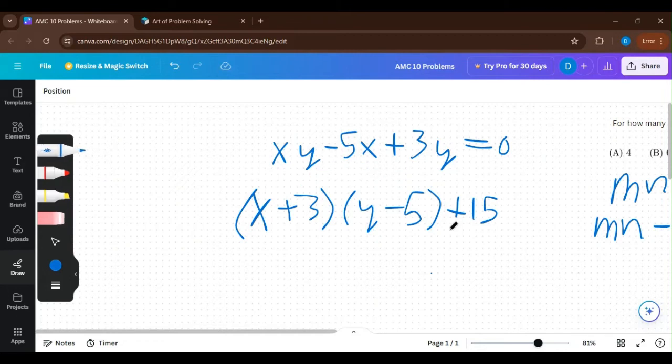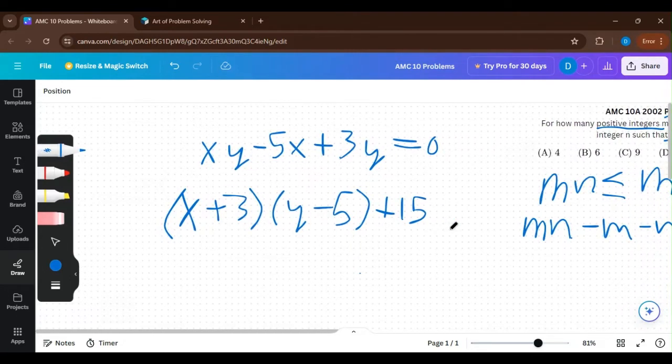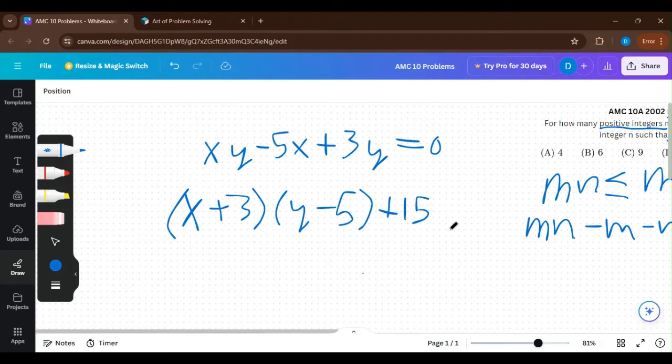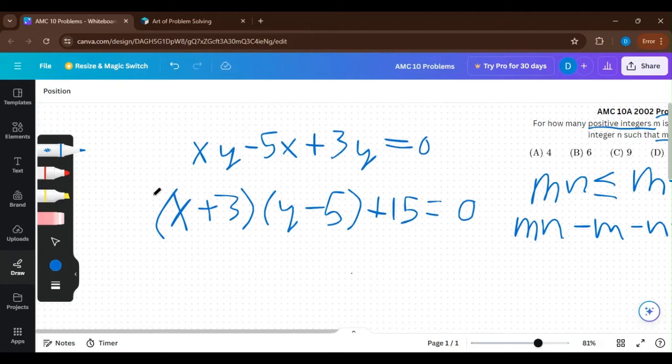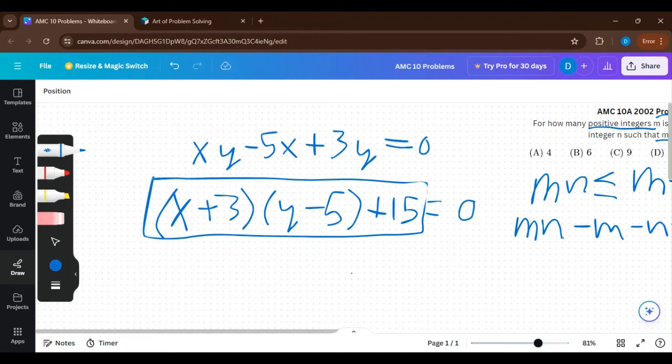You have to add this 15 to make sure that you're not overcounting or undercounting, which is equal to 0. So that's this equation, as you see right here. This Simon's favorite factoring trick equation is the same as the first equation. And that's how you factor.